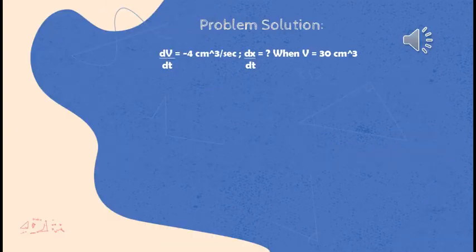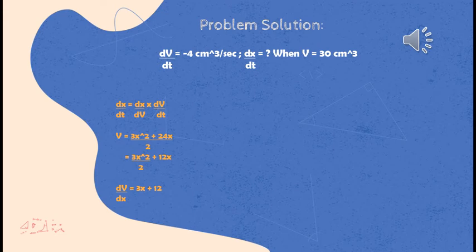From the question, the information that we get is dV over dt is equal to -4 cm³ per second. Why negative? Because the question stated that the water is decreasing. dx over dt is the rate that we want to find when the volume is 30 cm³. First step, dx over dt is equal to dx over dV multiplied by dV over dt.